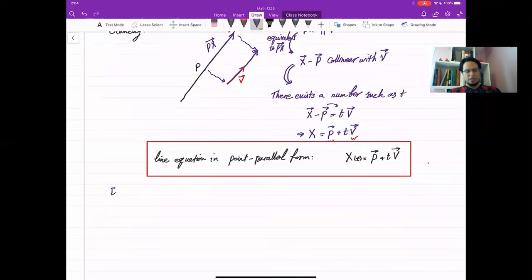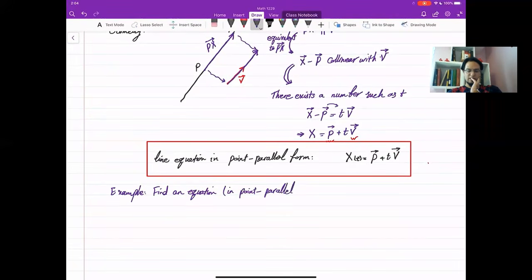Let me just start an example here. We have a line for which we want to find an equation in point parallel form. What is the line?